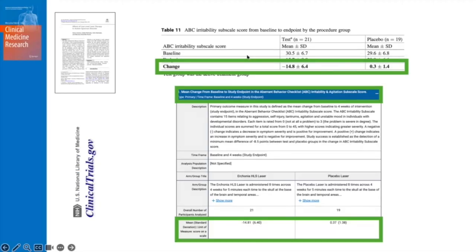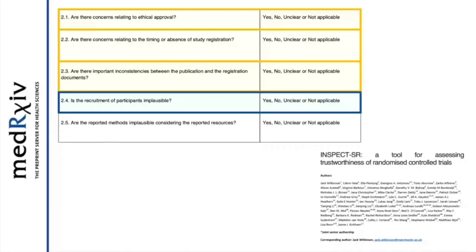So in another place, we have less inconsistency. But still, to answer the question, there are important inconsistencies between the publication and the registration document. But of course, it does not on its own make a serious concern. So basically, the sum of all this stuff will bring you to a judgment about serious concern.